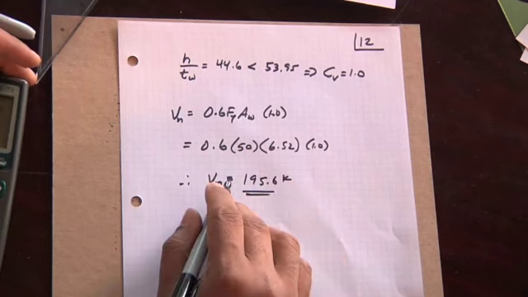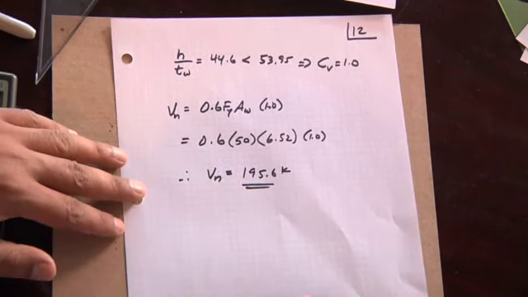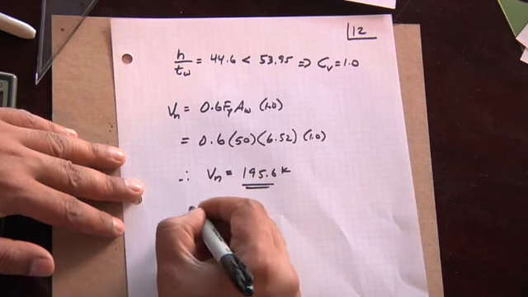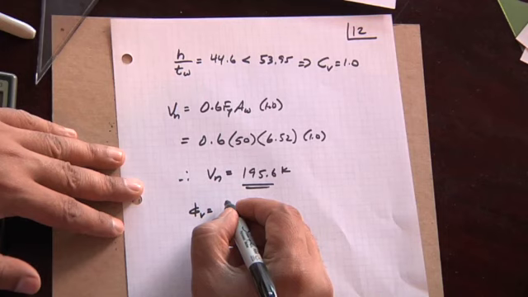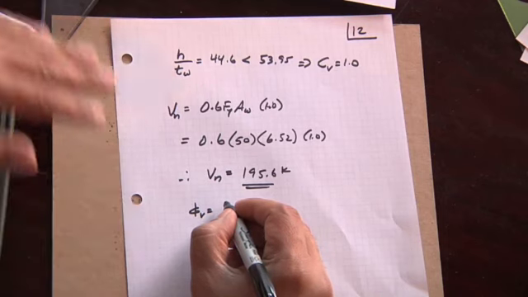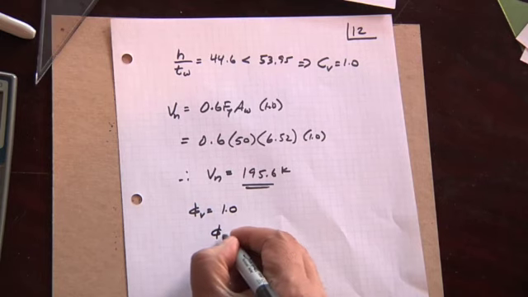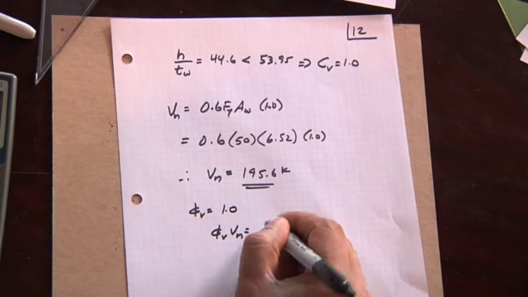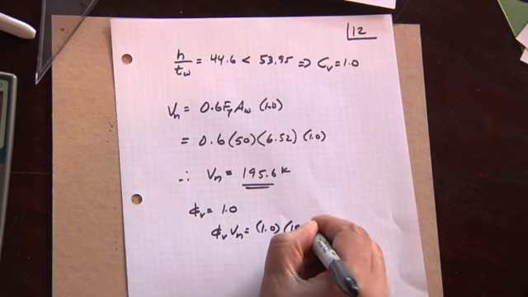Now remember, that's a nominal shear capacity. Because our phi factor for shear is 1, the design shear capacity is the same in this case.